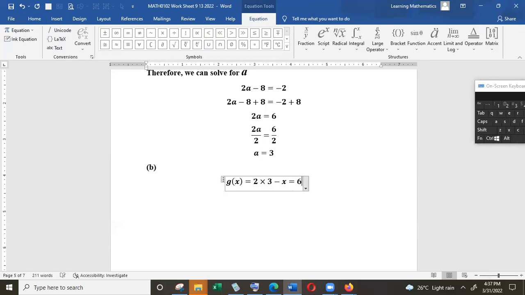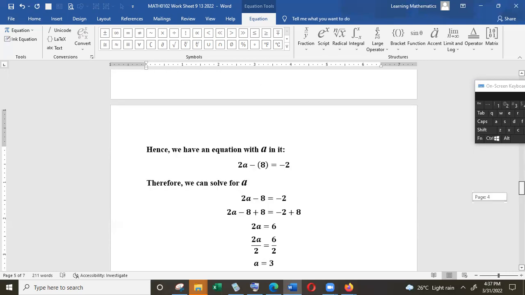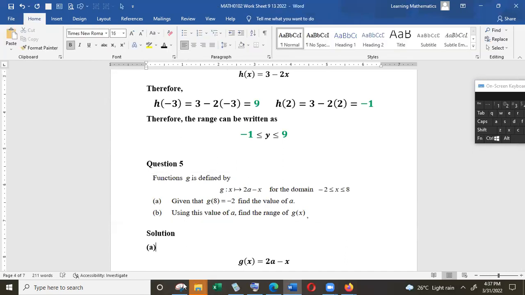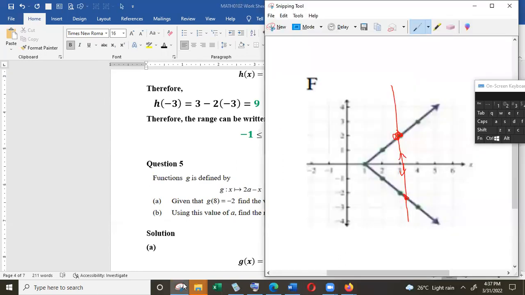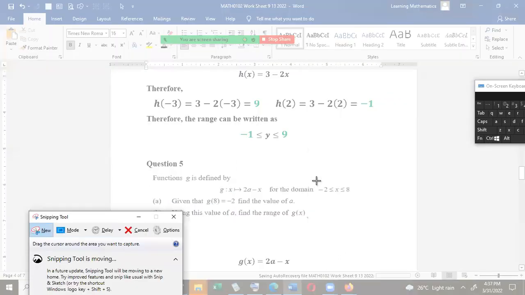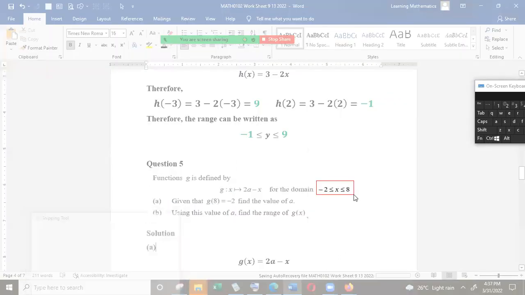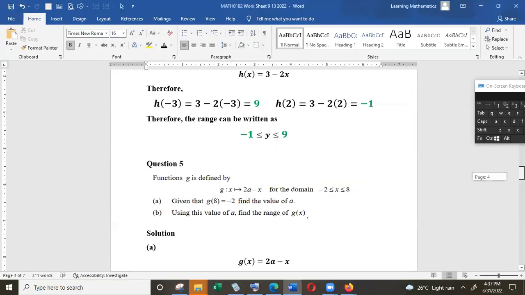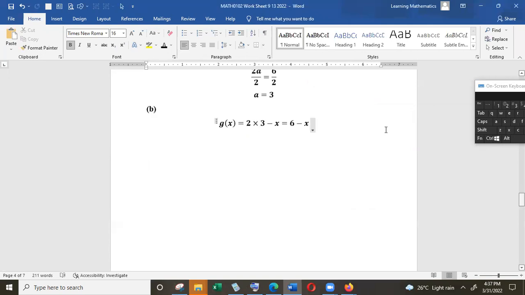So 6 minus x, that's g of x. Since we have g of x in its complete form, we can use these domain values, -2 and 8. But they told us g of 8 is equal to -2 already.